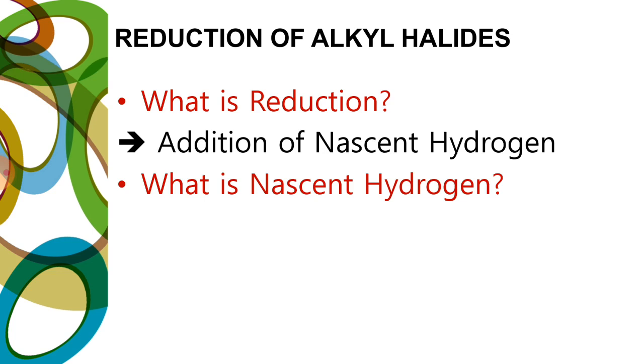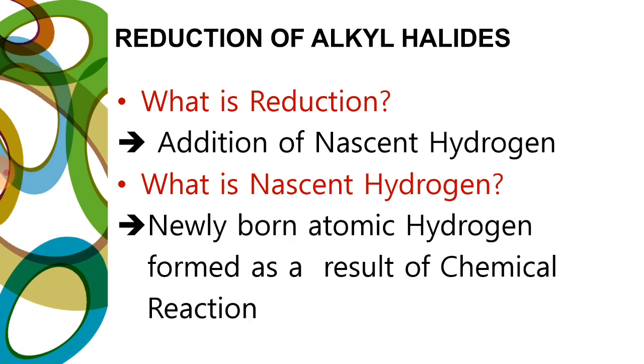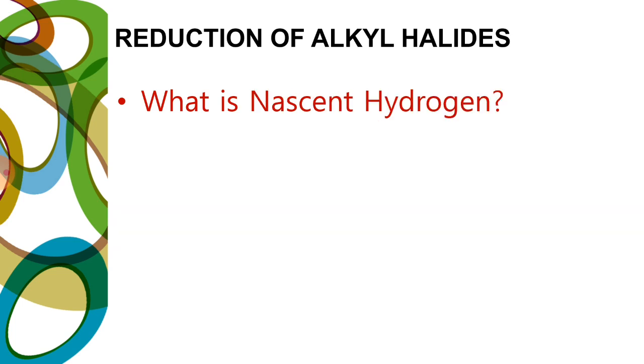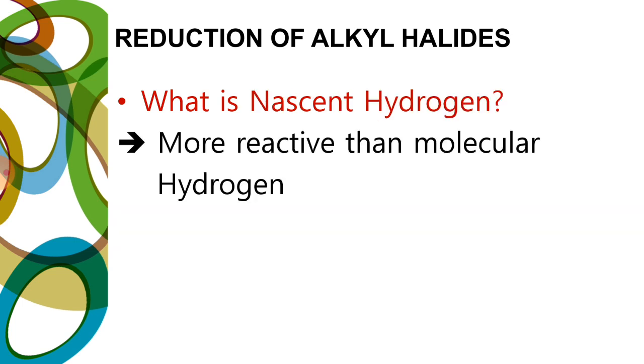What is nascent hydrogen? Nascent hydrogen is a newly born atomic hydrogen formed as a result of a chemical reaction. Why do we use nascent hydrogen in this reaction? This nascent hydrogen is more reactive than molecular hydrogen.